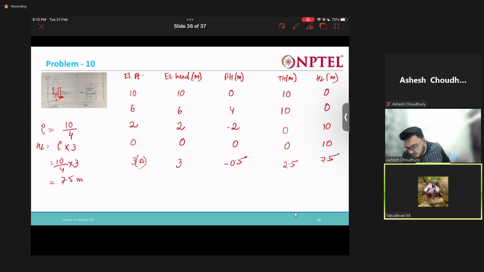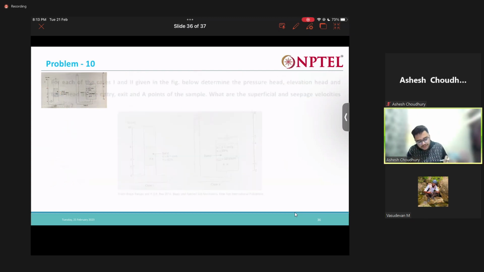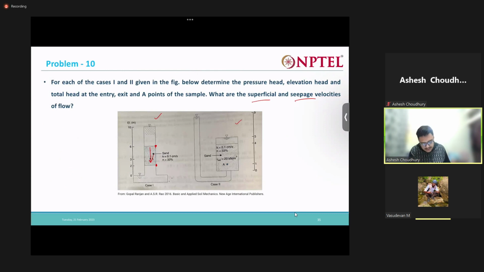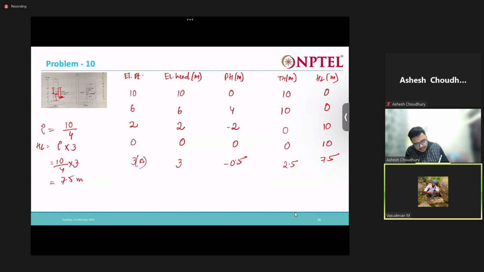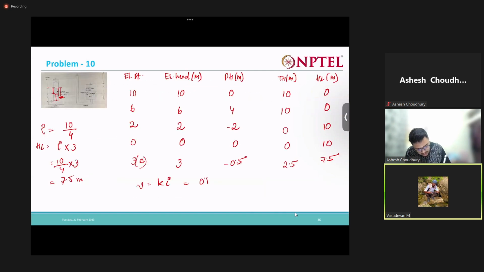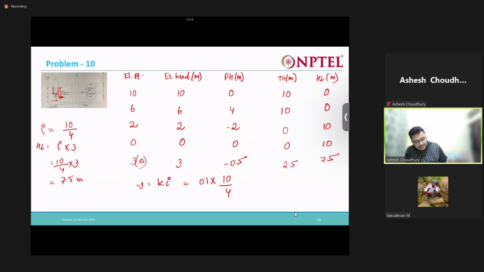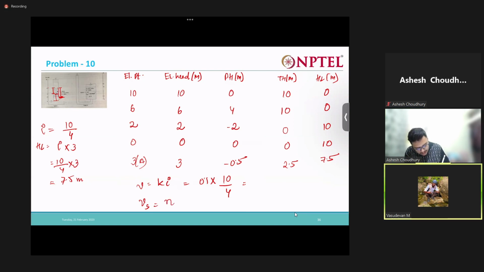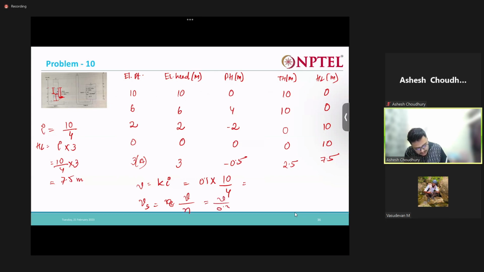Now it has been asked us to calculate the superficial velocity and seepage velocity. See, n is given, porosity is given, k is also given, right? So superficial velocity is k into i. This is nothing but 0.1 into i, which is 10 by 4. Whatever it is, this is my superficial velocity, and the seepage velocity is v by n, nothing but v by 0.33.